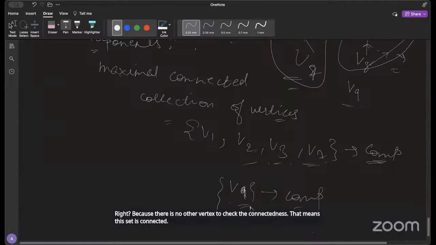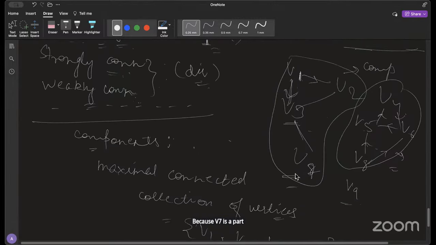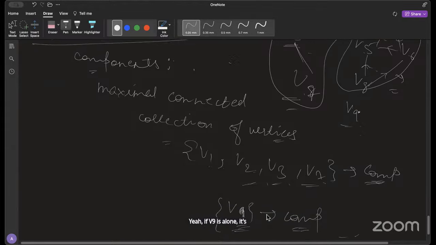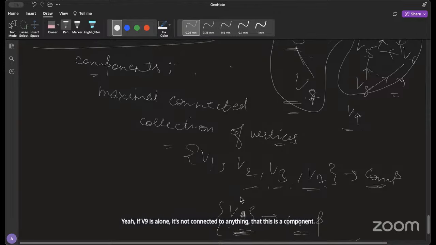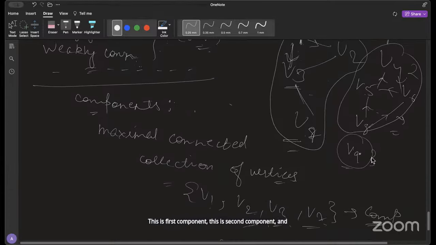The only condition is that it should be the maximal connected set, so you can't add any other vertex to keep it connected. That's why it's a component. But you can't take V7 alone because V7 is a part of this entire thing. If V9 is alone, not connected to anything, it's a separate component. So there are three components now: this is the first component, this is the second component, and this is the third component.